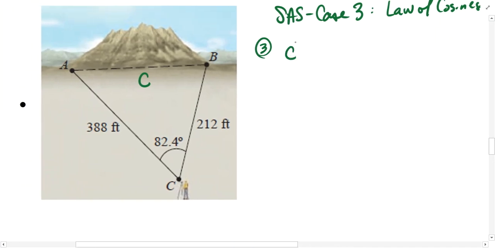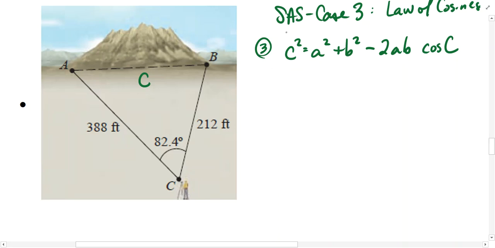And that's the one that states that C squared is equal to side length A squared plus B squared. And I've memorized this, and I suggest that you do the same. So I know that the next step is going to be minus 2 times AB, the same two side lengths that are provided here on the right side. And I'll have to multiply by cosine of angle measure C. In this case, angle measure C, side lengths A and B are provided. The only unknown is side length C.